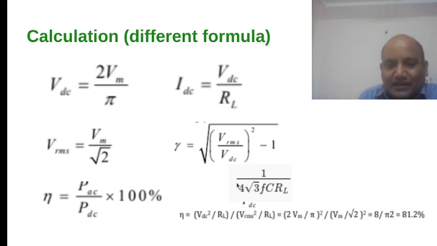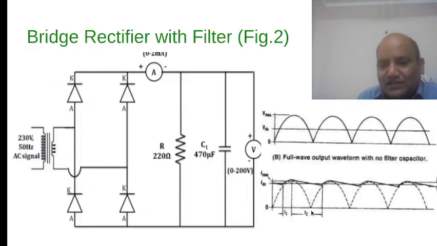Here, for the theoretical value of the ripple factor when you involve the capacitor, you have to use this formula: 1 upon 4 root 3 fCRL. This formula came from analysis using a triangular wave, that is out of scope of this experiment. It is discussed very nicely in many books.